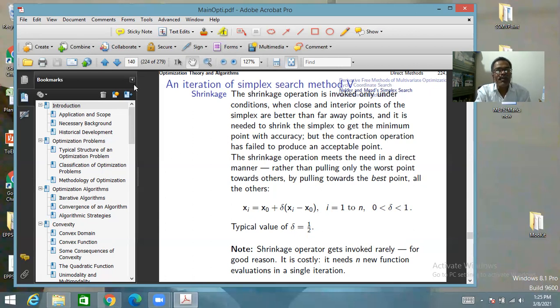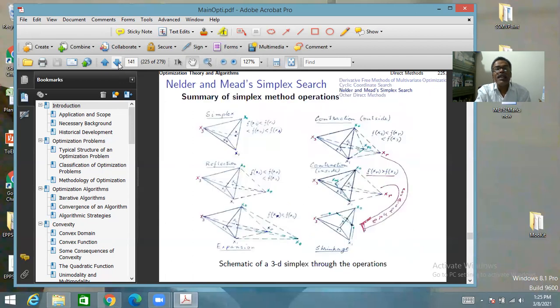Now, see the summary of these simplex methods. This is a 3D schematic. 4 vertices: x0, x1, x2, x3. This is the best. This is the worst.